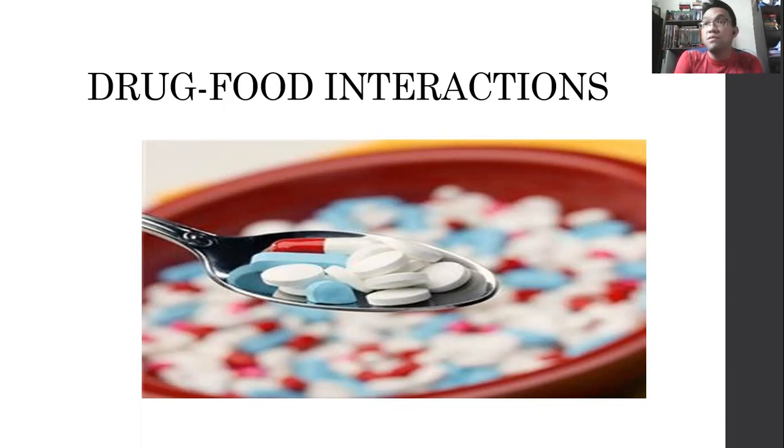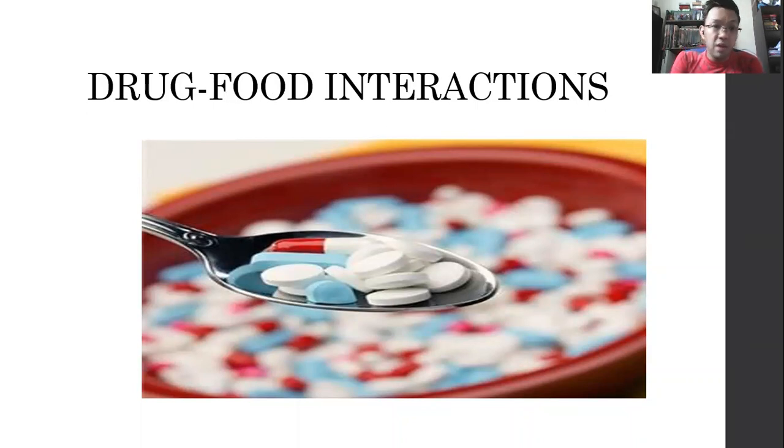We also have a negative drug-food interaction, wherein, let's take, for example, monoamine oxidase inhibitors. This group of drugs is used to treat depression. They are under antidepressants. Patient teaching is very important in the administration of monoamine oxidase inhibitors.